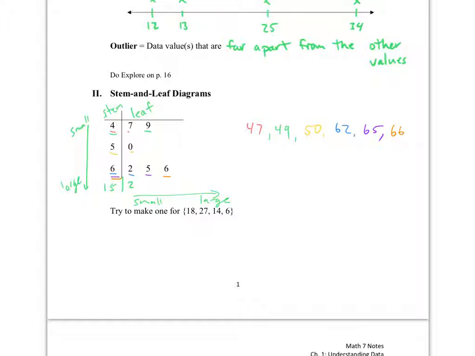So when you look at these, this number here is your tens place. The 4 is 40, and then the 7 is your ones place. So 47. And then you're done with the 7. So it's 49. So here's 50. 62.